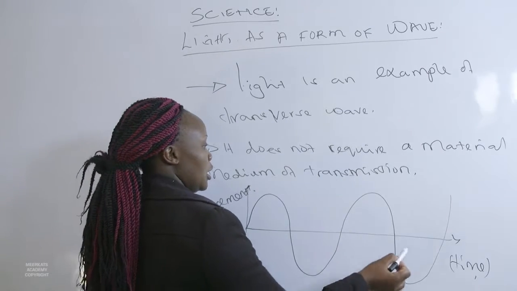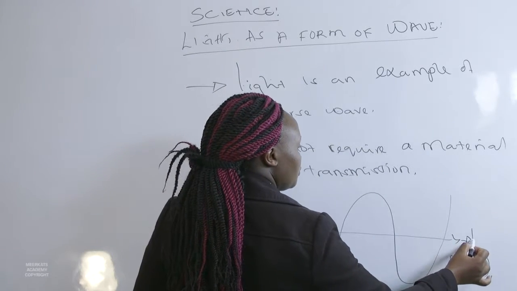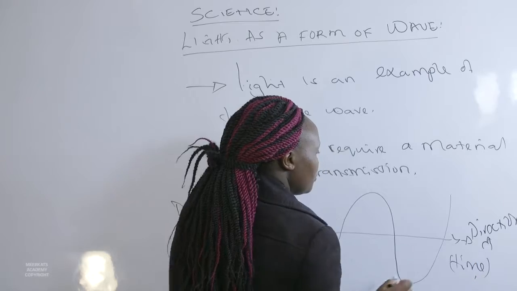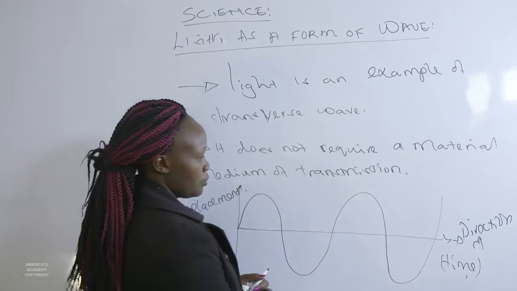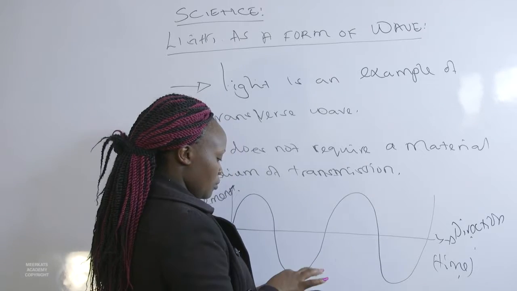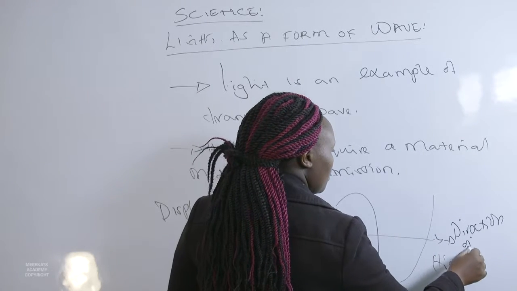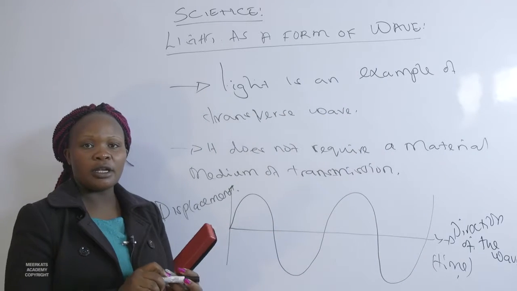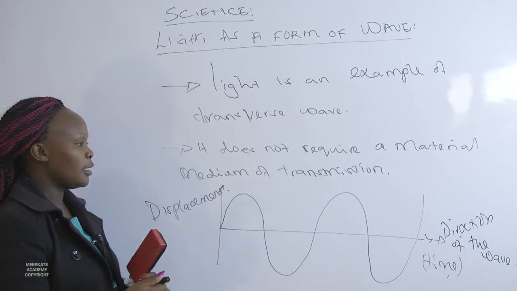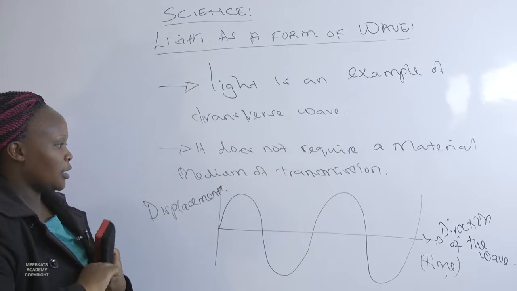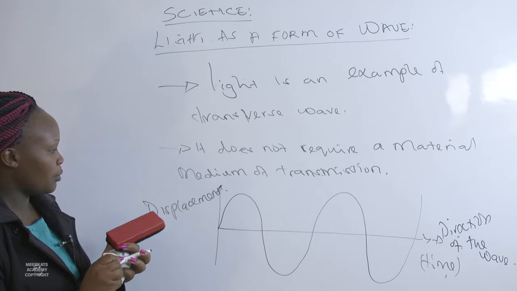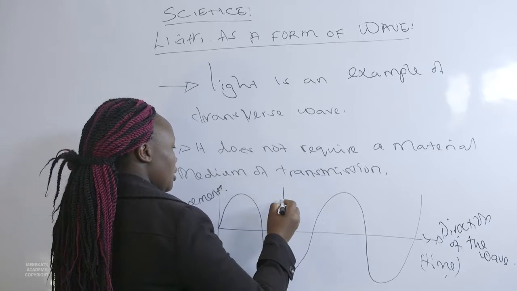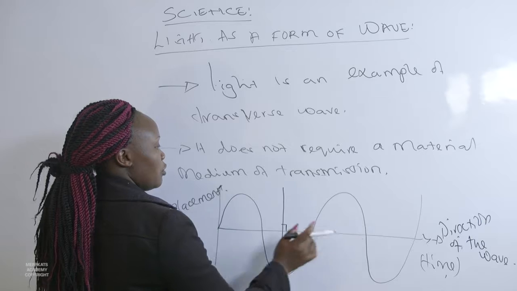That is to mean, if this one was to be the direction of the wave, then we expect that the direction of motion of particles along this wave train will be perpendicular to that of motion.